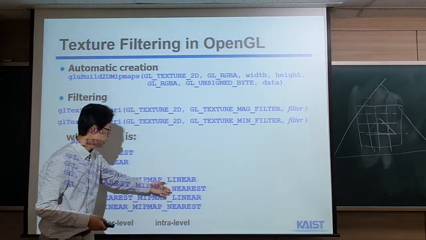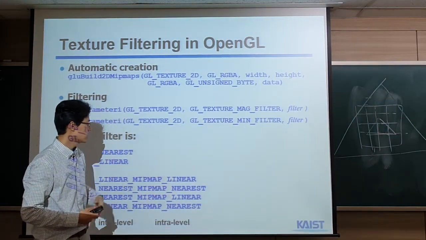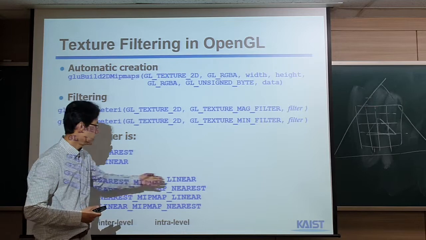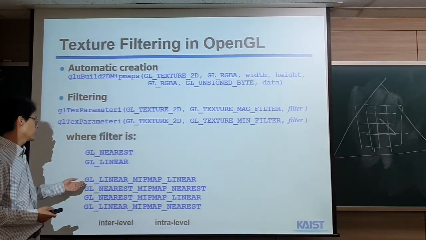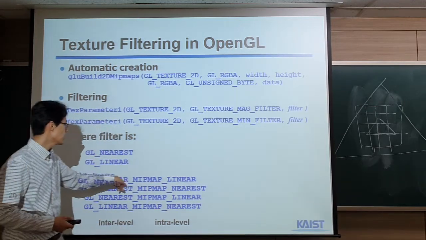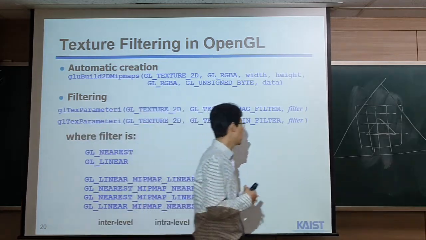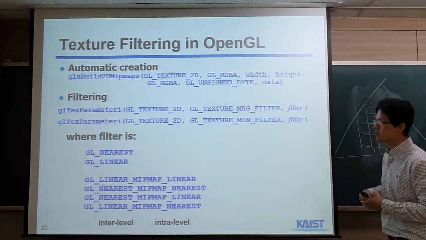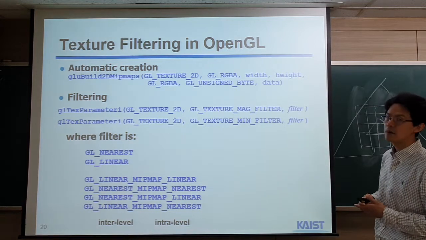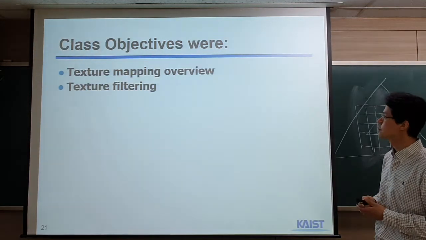We can use linear and also nearest. Obviously, when you are using GL_LINEAR_MIPMAP_LINEAR, it may require more computation when you perform the texture mapping. But anyway, it may give you the best quality.